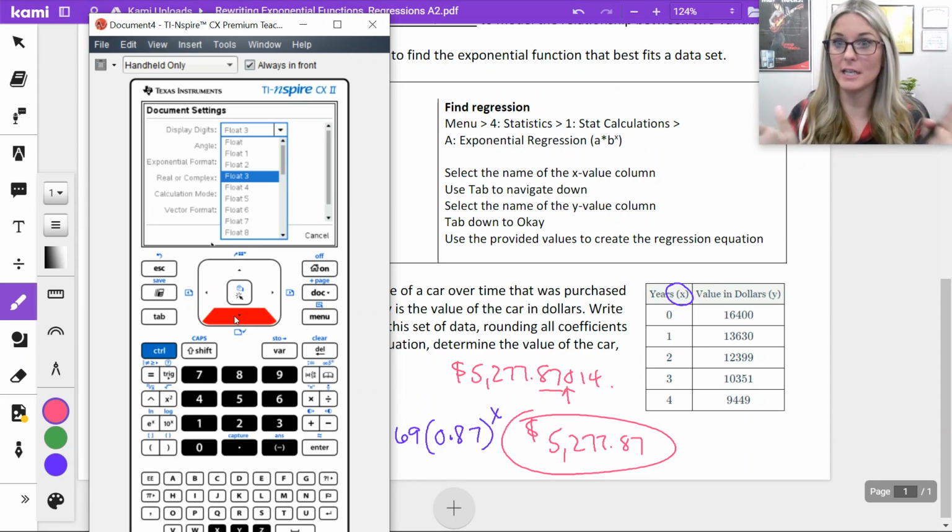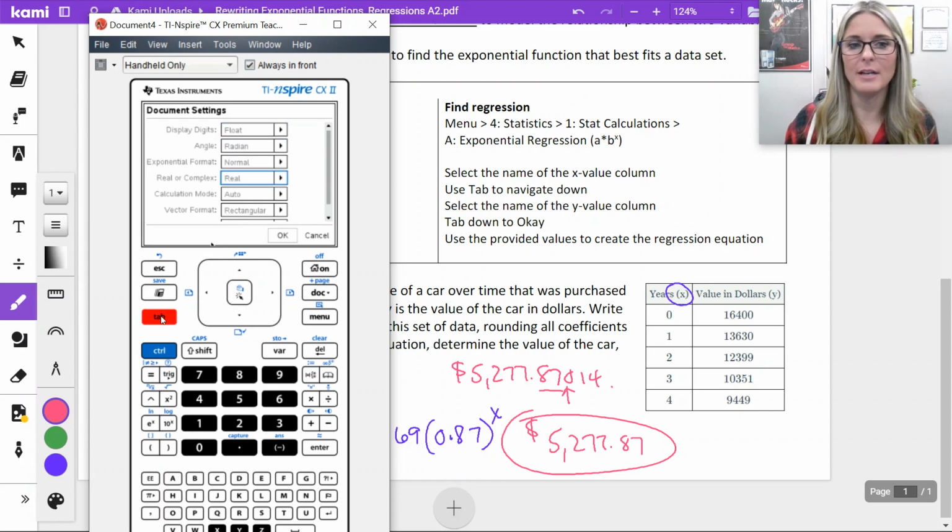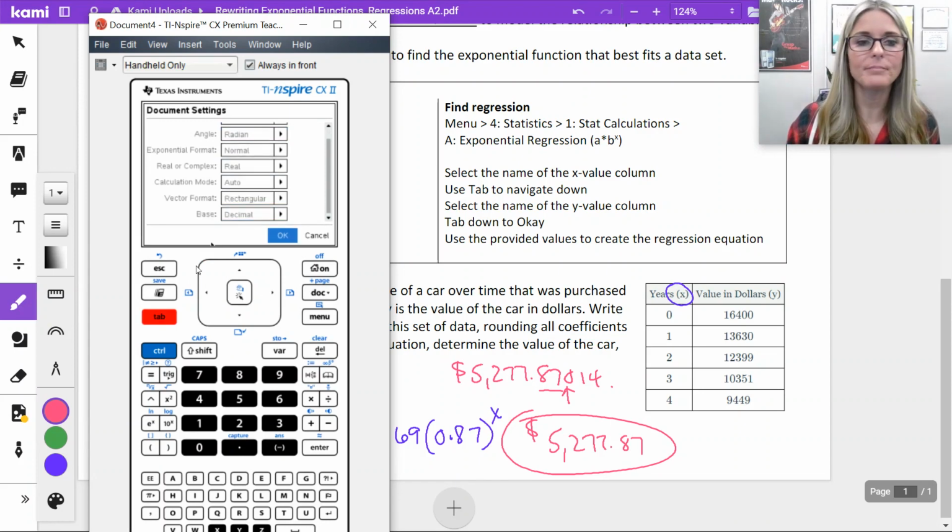It doesn't matter where the decimal is. I might need more decimal places than 3, or I might need more digits than 3. If it's 827, it's only going to show 827, not any other decimal places. So you want to make sure this is on float, okay? And then just tab and hit OK, all right? That's how you can check that.